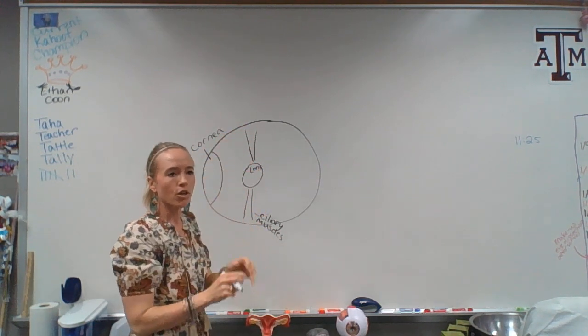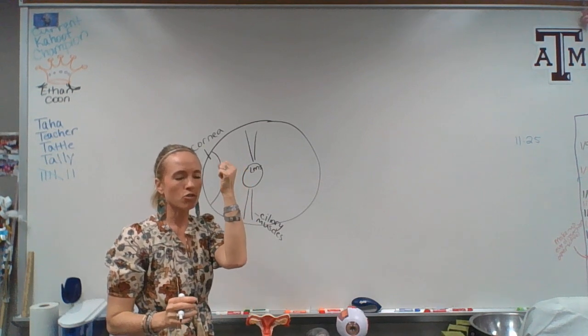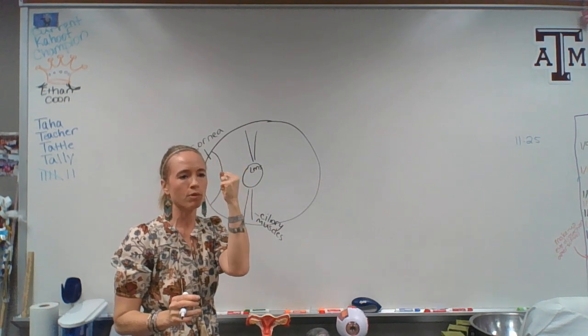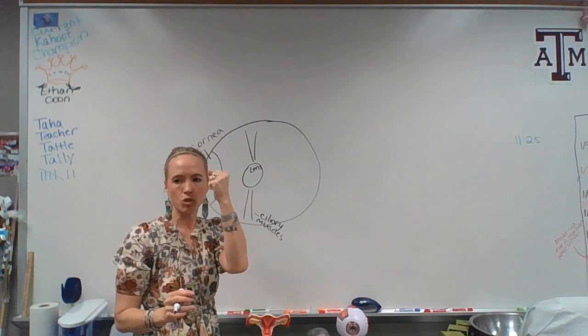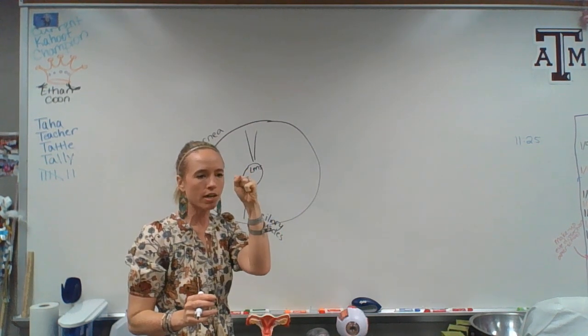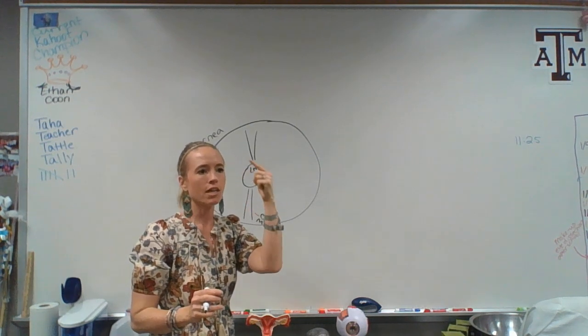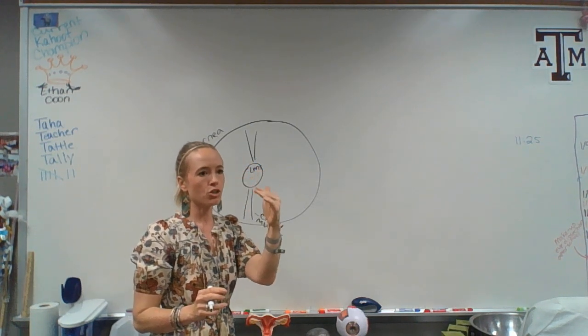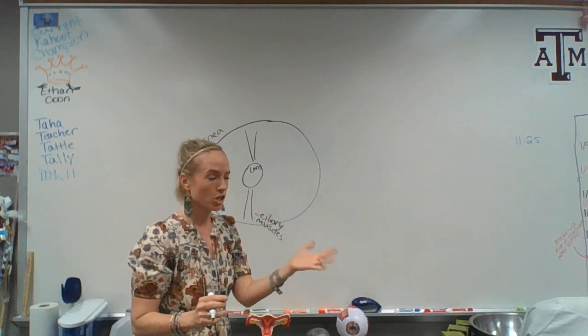So when you're focusing on close objects, your muscles are contracted and tight. That's why when you stare at close objects or screens or phones all day, your muscles are tight and contracted. That's why you get eye fatigue, headaches, and eventually it can begin to damage your vision.